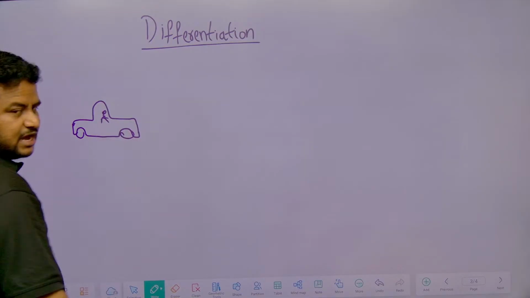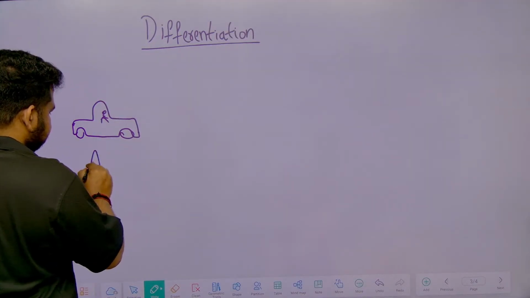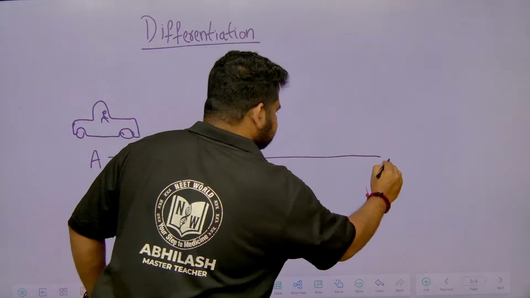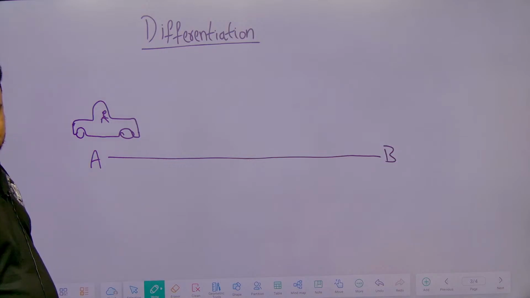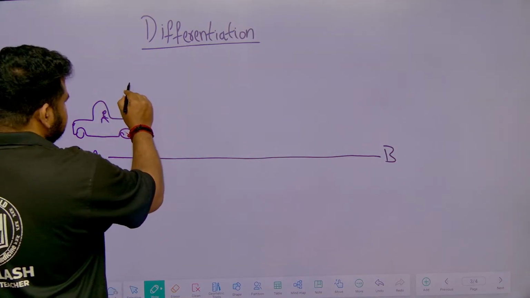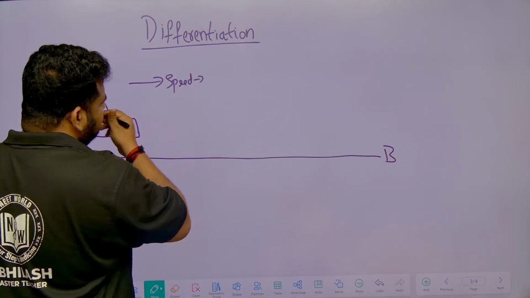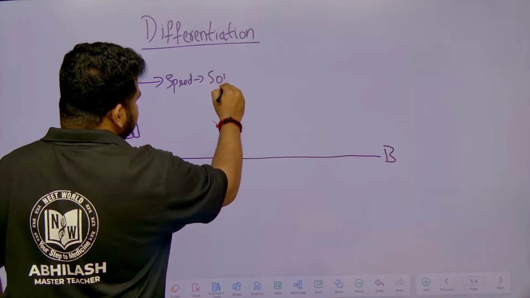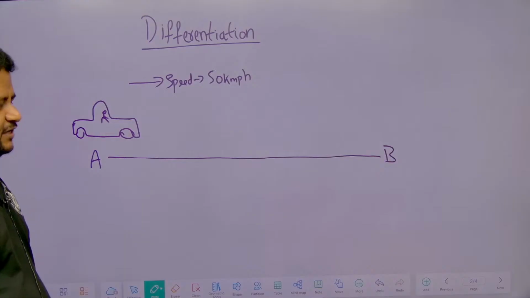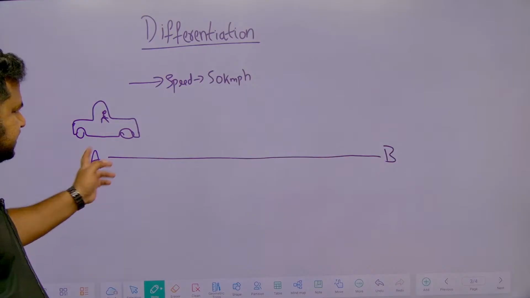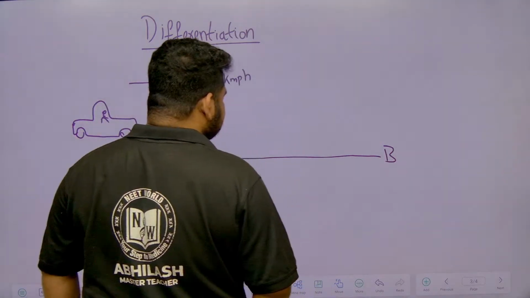It is at a starting point, let me take it as A, and this is the destination B. This car is at rest now, and it starts moving with a speed of 50 km per hour, and it will reach B in some time.